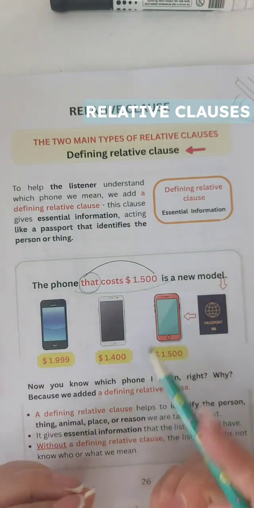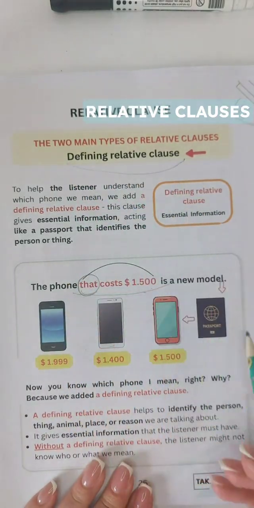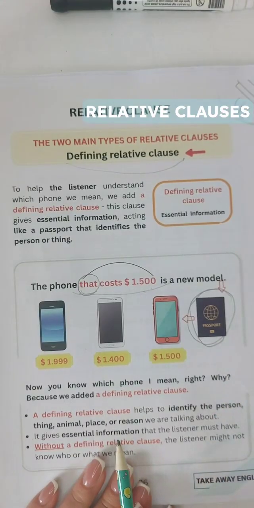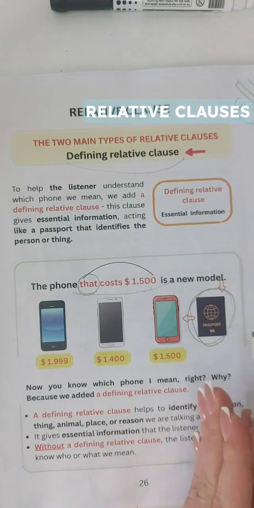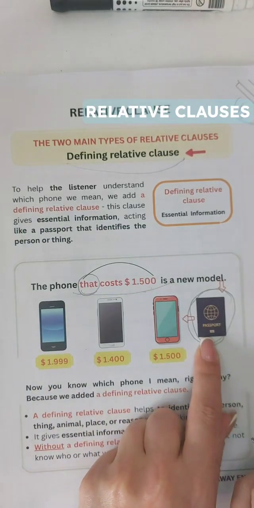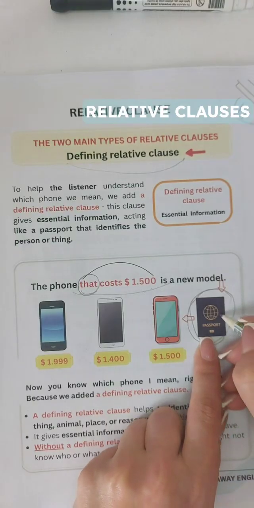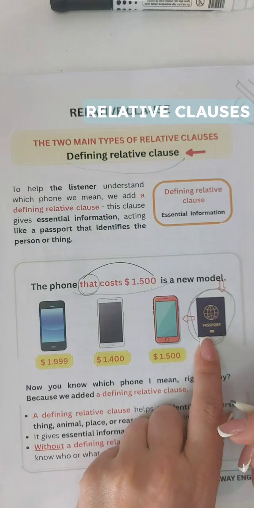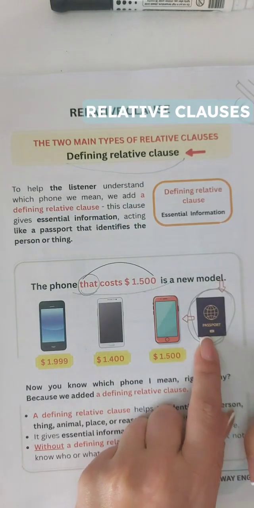So think of a defining relative clause like a passport, right? Because without our passport, we cannot be identified. Everyone and everything needs a passport. Even my fridge has a passport.